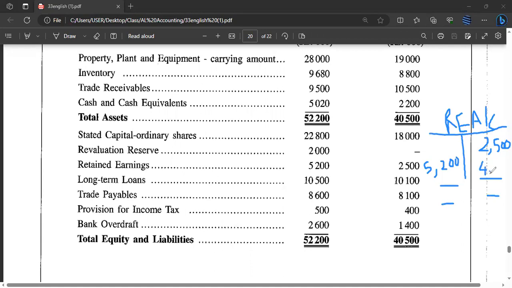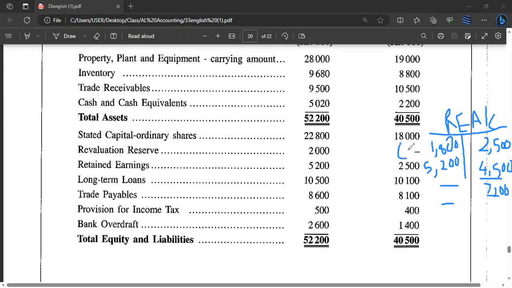We simply balance this account. So 2,500 and 4,500, when you get the sum total, you'll be getting 7,000 here. Once you balance this, 7,000 minus 5,200 is 1,800. So what is this 1,800? That is the interim dividend paid.